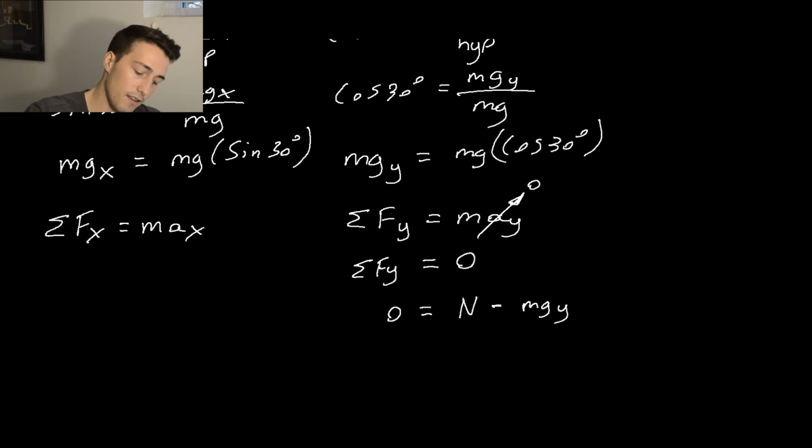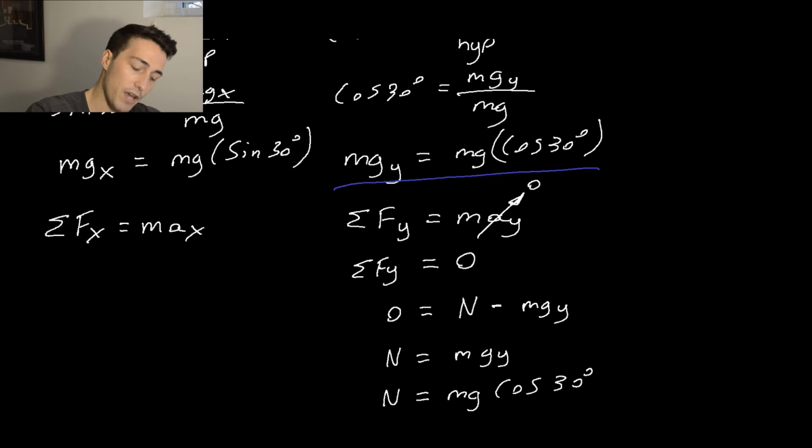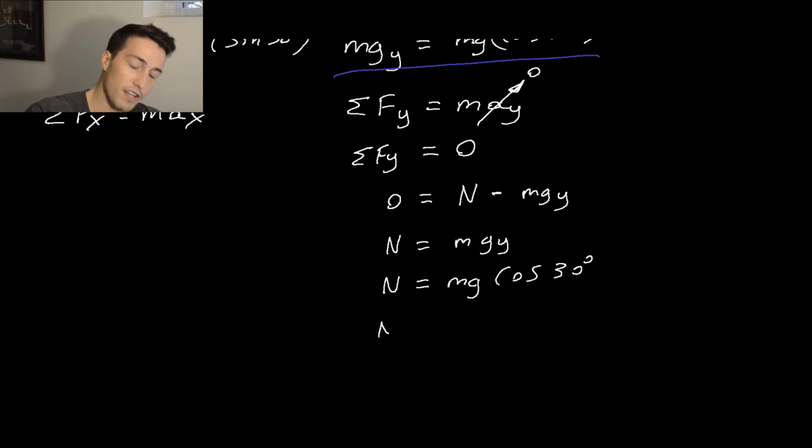And if I solve for the normal force, it's going to equal mgy. And now we can look back here to see what our mgy equals. So n is going to equal mg cos of 30 degrees. And now we have all the unknowns in this equation, and we can solve for the normal force.